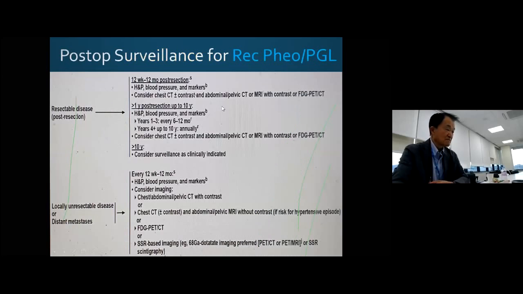So after initial surgery, we certainly check blood pressure. That's no epinephrine effect. That's okay, so always check blood pressure, and then for surveillance, chest CT and abdominal CT or MRI or FDG PET CT all together.